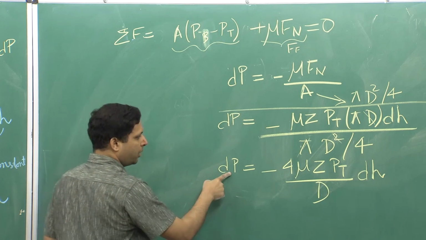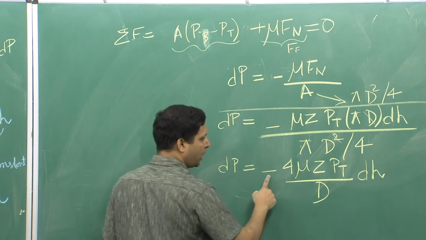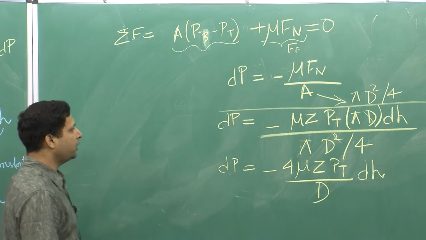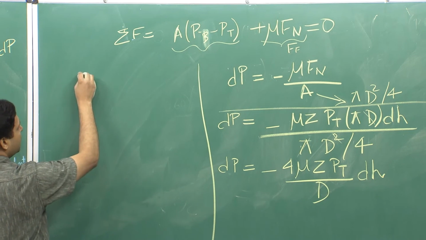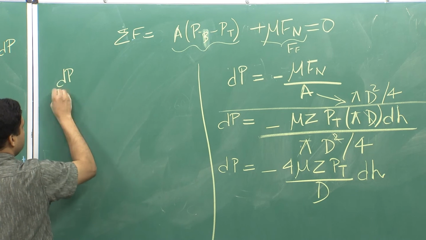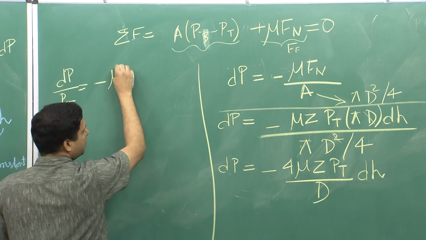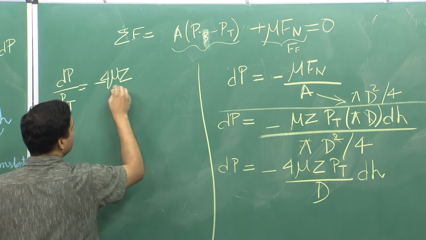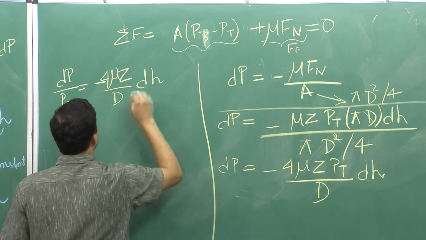So, we have a dP term and a pressure term over here. We will put these together, and the rest of the terms are independent of dH, so we will be in a position to integrate it without any problem. We can write it as dP by Pt equal to minus 4 mu Z by d times dH.